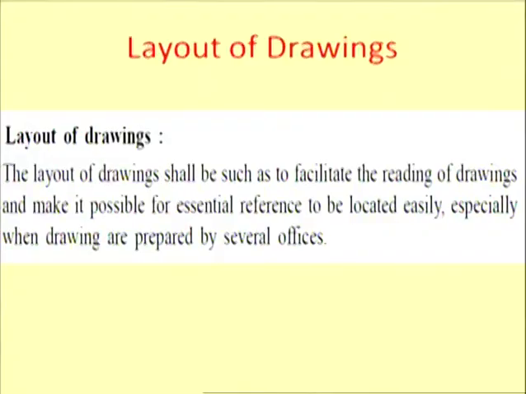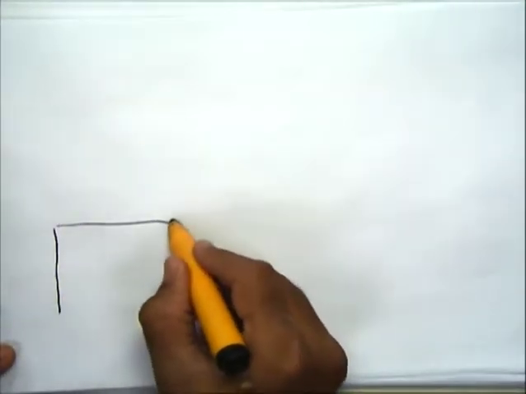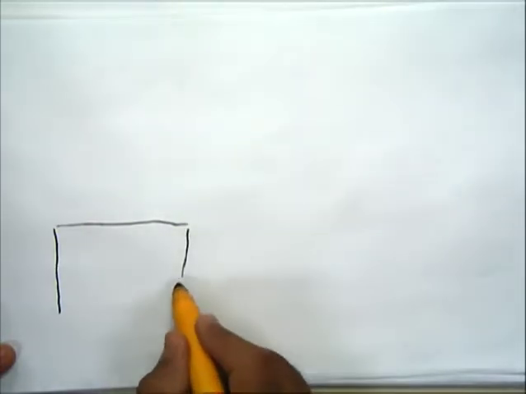Now here is the layout of the drawings. We will be focusing only on the civil engineering drawing. In any civil engineering drawing, suppose this is a drawing sheet where we have to put the drawing. Normally on the left bottom corner of the drawing sheet, we will be drawing the plan.